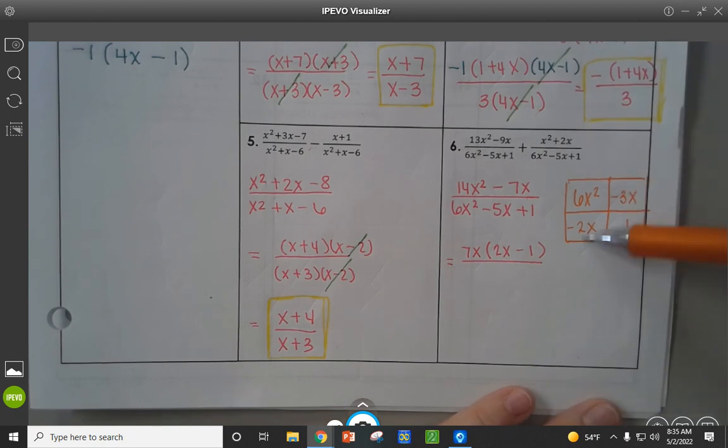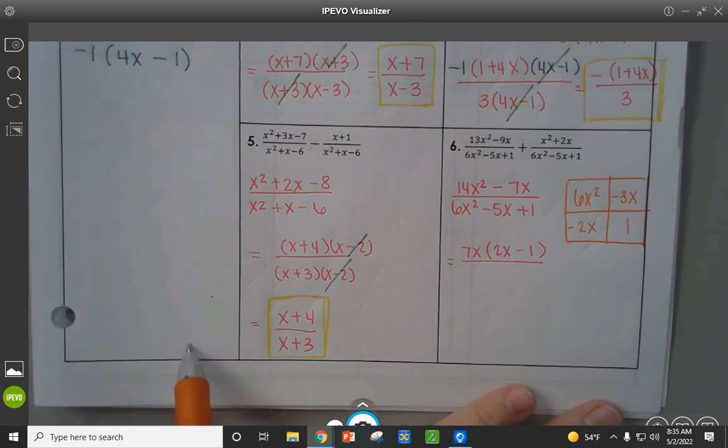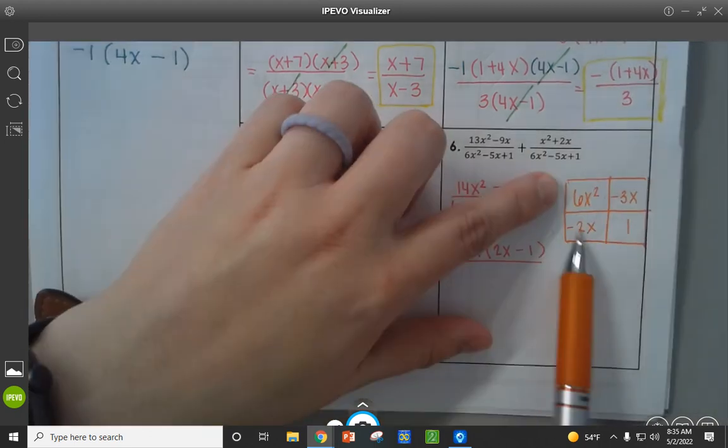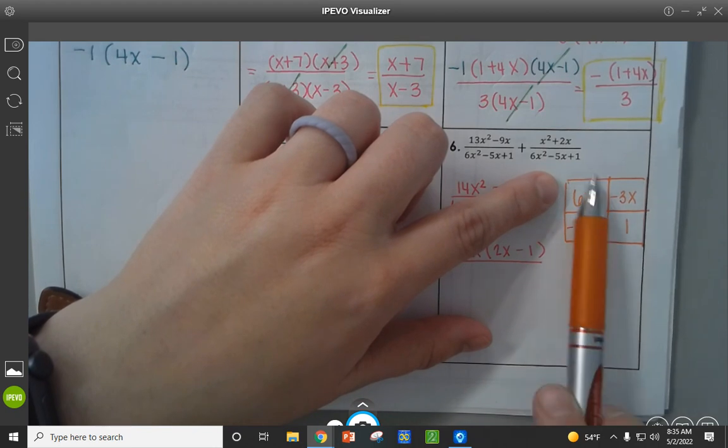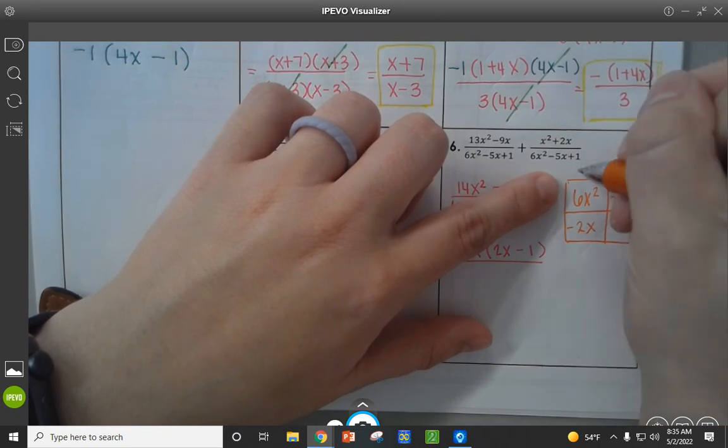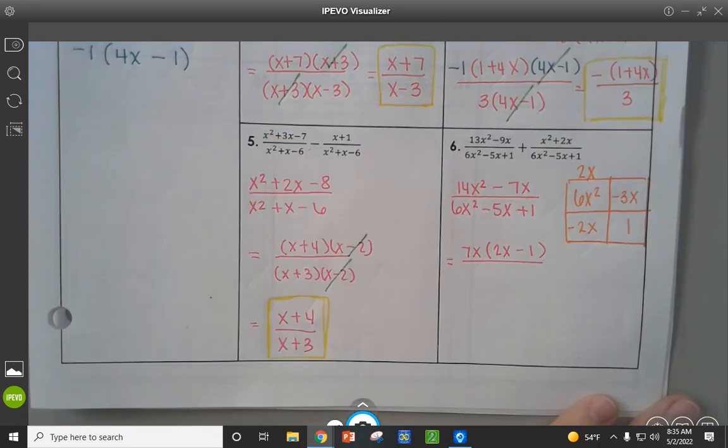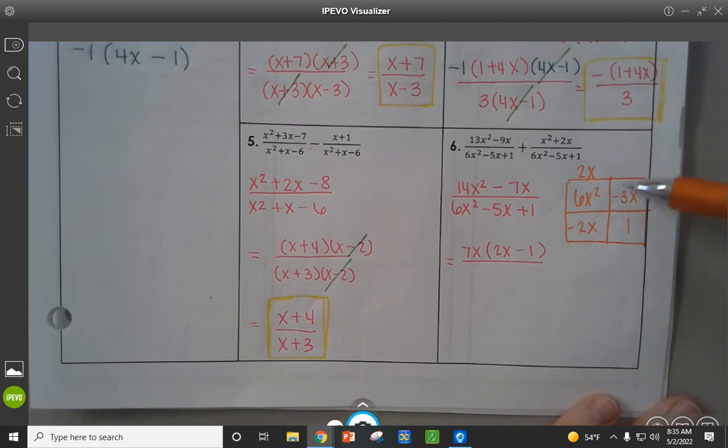And now you fill out the GCF of each row and each column. So what's the GCF of these two right here? 2x. What's the GCF here? Almost.